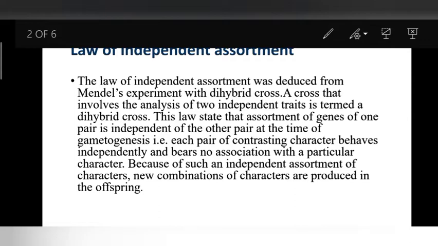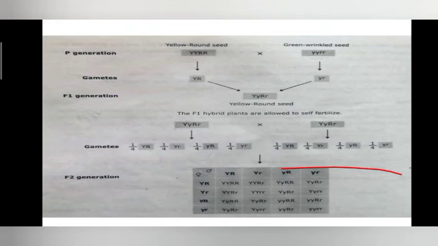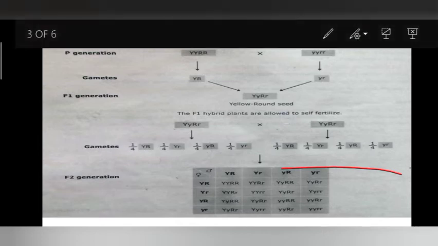Now we are going to explain it. Suppose crosses are made between a pea plant with round and yellow seeds and one with wrinkled and green ones.